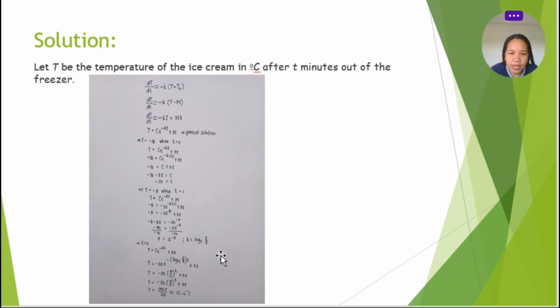So we have T equals negative 50 times 4 over 5 to the power of t plus 32. Remembering our t is 5, we have T equals negative 50 times 4 over 5 to the power of 5 plus 32. If we evaluate that, our T is equal to 1,952 over 125. That is approximately 15.6 degrees Celsius.